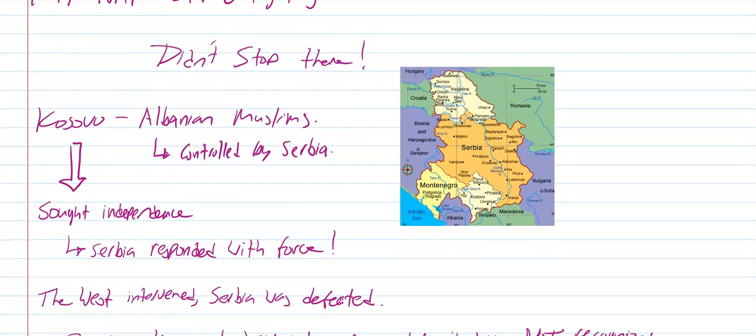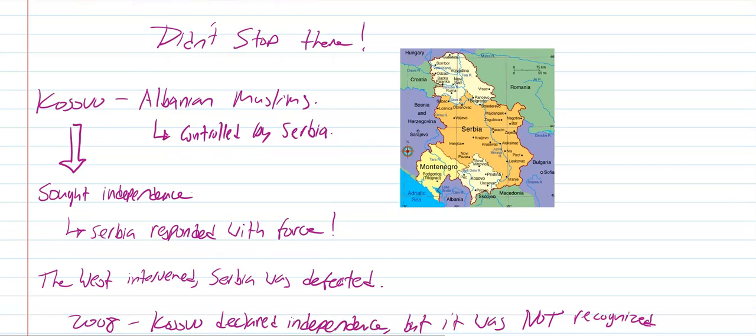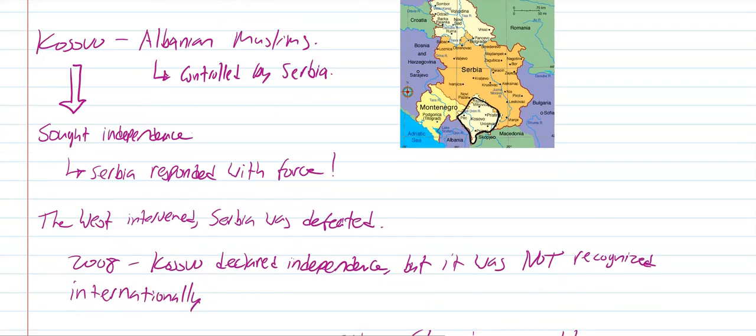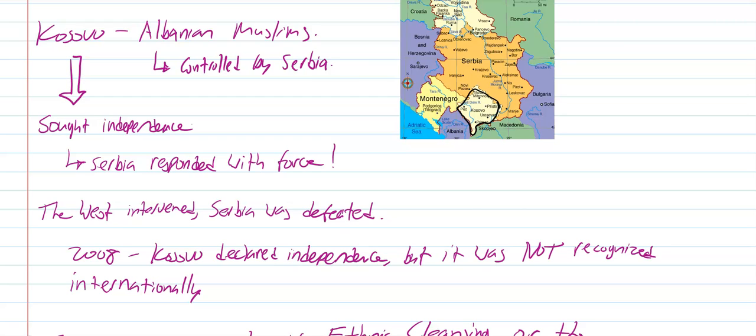But in the late 1990s, even after all this happened, Kosovo, which was made up of Kosovar Albanians, not Serbs, but is controlled by Serbia, they sought their own independence, or they were an autonomous region. They wanted to be more autonomous and independent from Serbia, and Serbia wanted to kind of reel them back in.